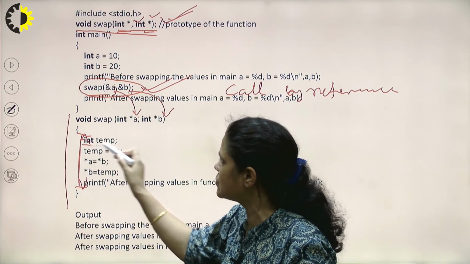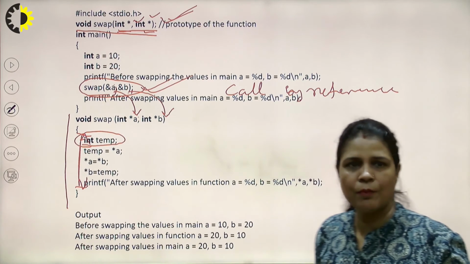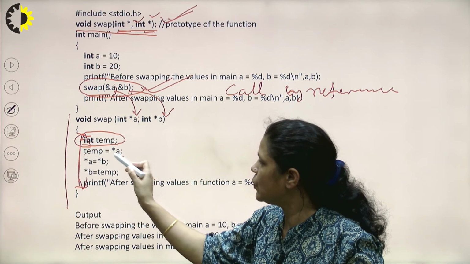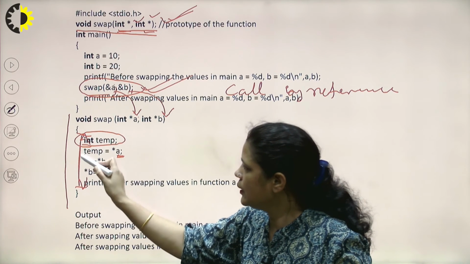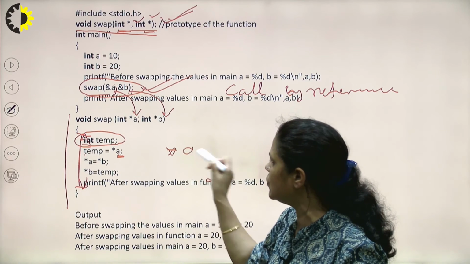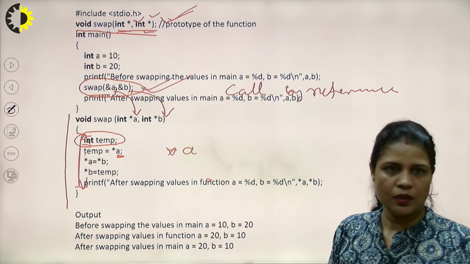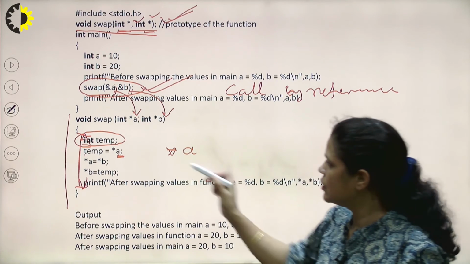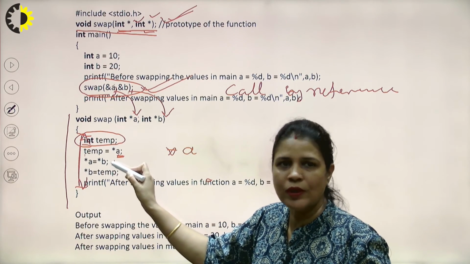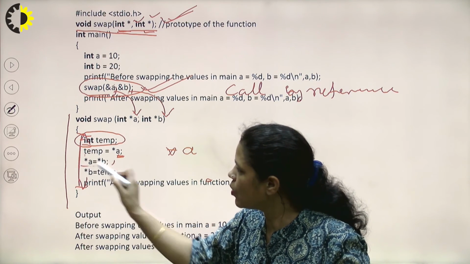So here we are using a third variable, int temp, and we are storing the value of a in temp. We are putting this asterisk sign in front of a. It means the value at the address of a is what? 10. So that 10 is copied in this, and the value at the address of b, what? 20. So that is being copied in this.